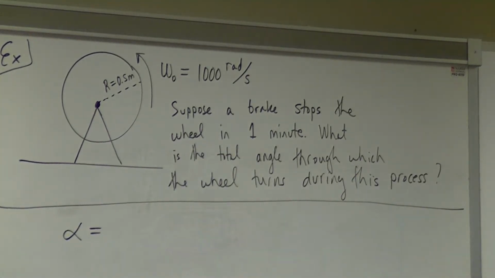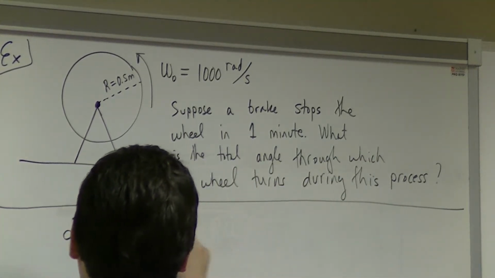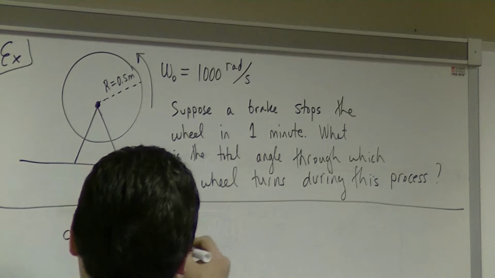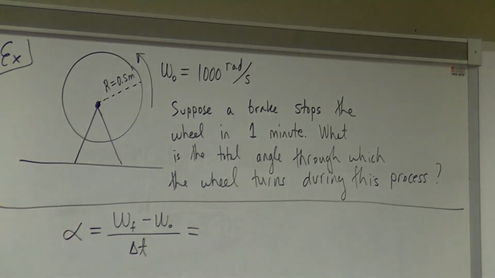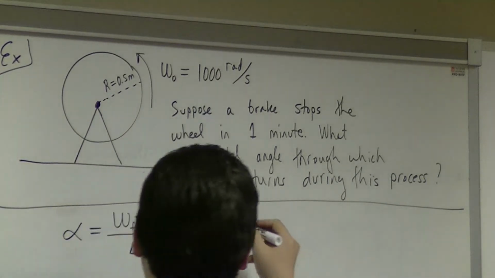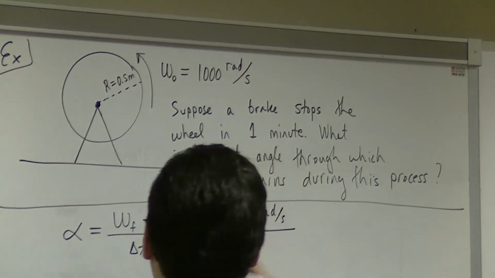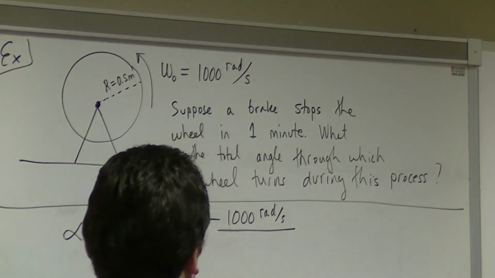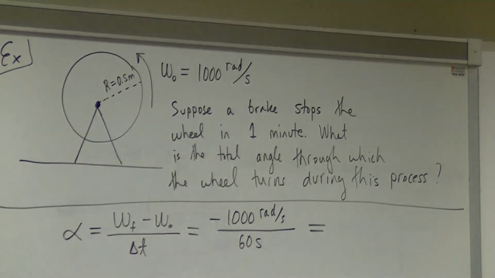So you take omega final minus omega initial divided by the change in t, and that'll work. The final omega, of course, is 0, and the initial omega is 1,000, so I've got minus 1,000 radians per second. And how much is a minute? 60 seconds. So what's that work out to?